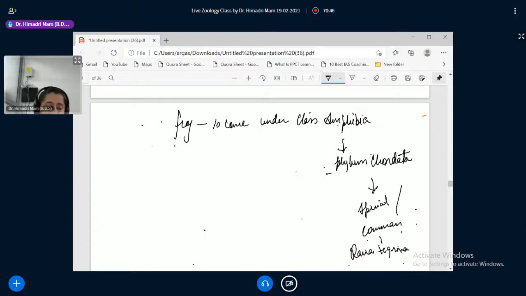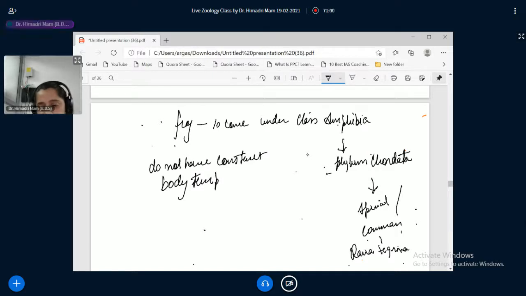Right. They do not have constant body temperature. That means they are poikilothermic. They have the property of camouflage.